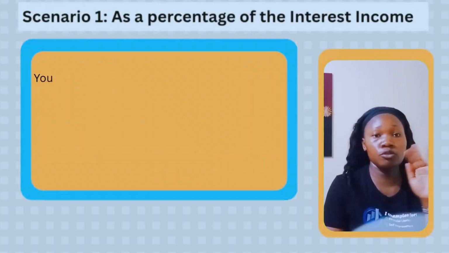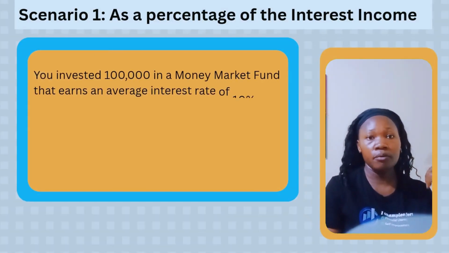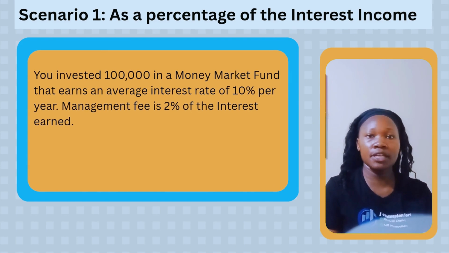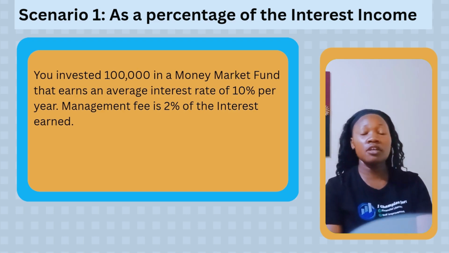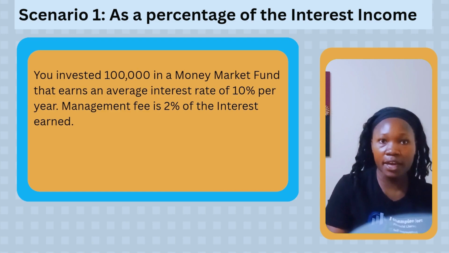To make it make sense, let me explain using these 2 scenarios. Scenario 1, we are going to calculate it as a percentage of interest earned. Let's say, for example, you invest 100,000 in a money market fund that earns an average interest of 10% per year.